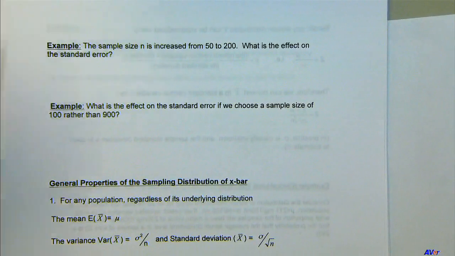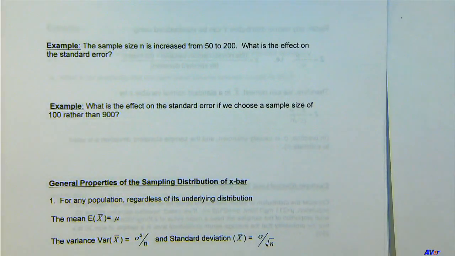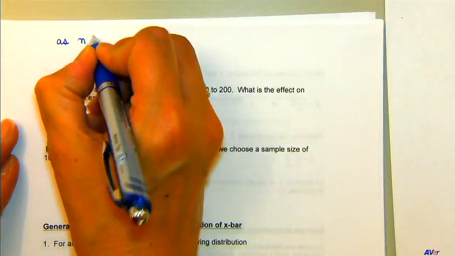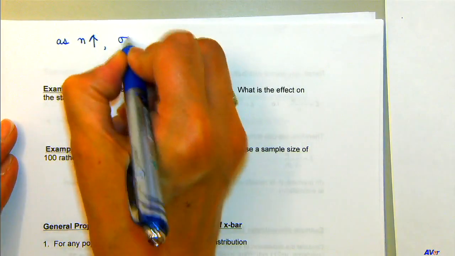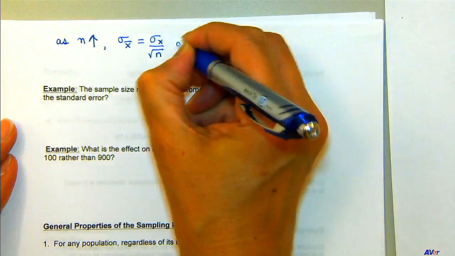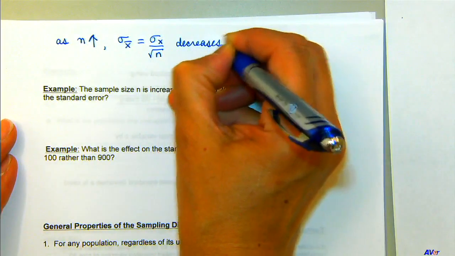Page 11. So we understand that as n increases, sigma x bar, which is equal to sigma x over rad n, decreases. We understand that.